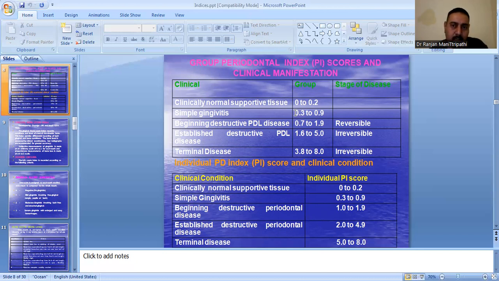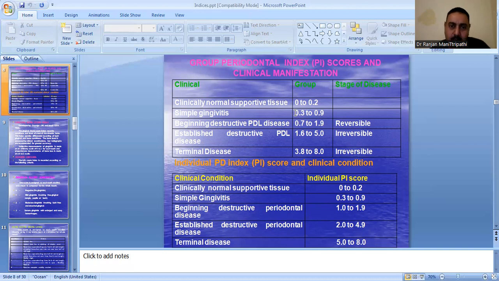If there is simple gingivitis, the score would be 0.3 to 0.9, it is also neither reversible nor irreversible. But the beginning of destructive periodontal disease has a score of 0.7 to 1.9, that is reversible. And again, established destructive periodontal disease score is 1.6 to 5.0, that is irreversible. And the terminal disease score is 3.8 to 8.0, that is again irreversible.